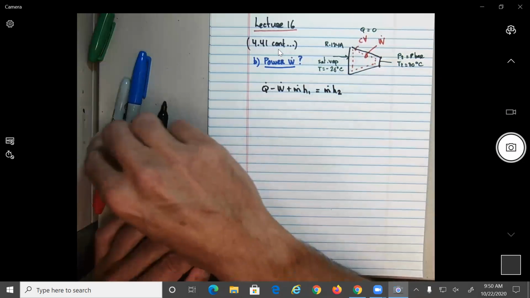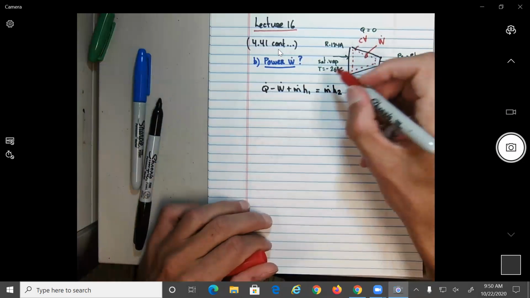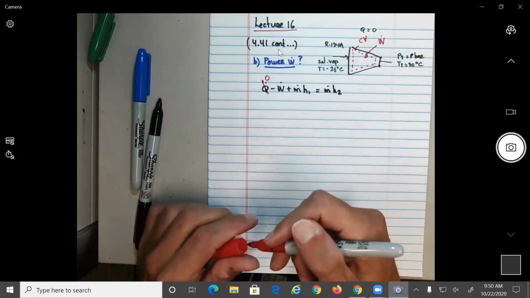Okay? So over here, we know that the system is insulated, meaning that there will be no heat transfer.